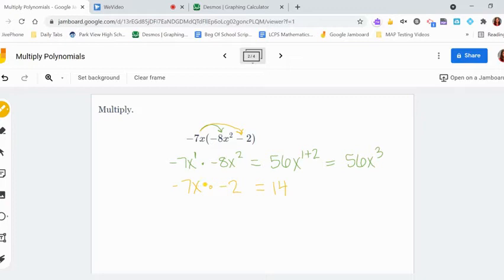And there's no x here, so this x just kind of comes along with it. I don't need to do this step because there wasn't another x here. So my answer is going to be 56x to the 3rd power plus 14x. Again, these are not like terms, so I cannot combine them. That is my final answer.